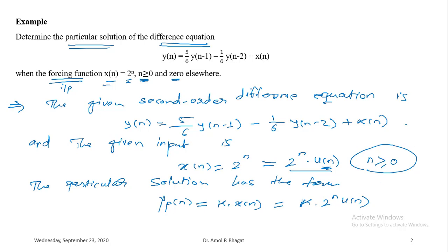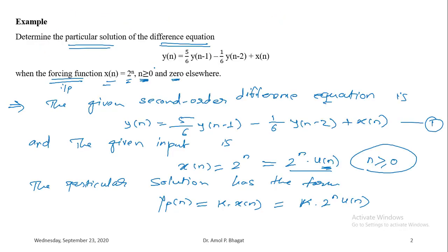Now we will substitute this value, yp of n, in equation 1. In place of y of n you will substitute k into 2 raised to power n u of n.